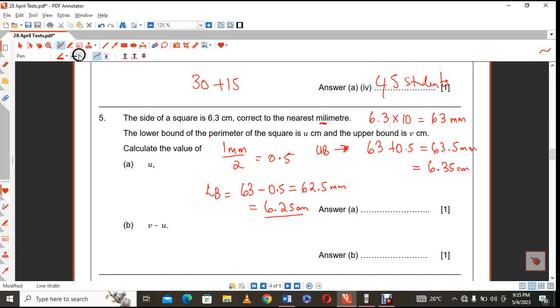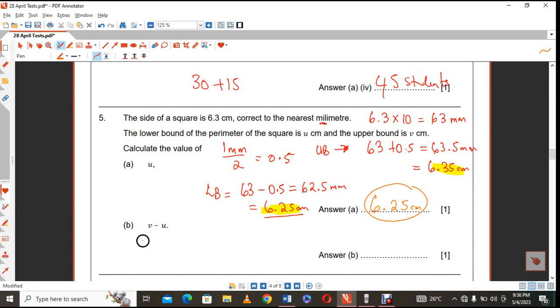Okay, so I just had to bring that in because it might assist us a bit with solving certain scenarios. So the first question here asks: calculate the value of u, and u is the lower bound. So since u is the lower bound, it's then 6.25. Okay. You can actually go ahead and write in centimeters there.